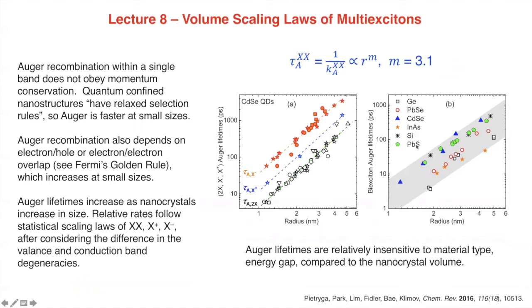Silicon and lead sulfide and cadmium selenide, they basically have the exact same Auger recombination lifetimes, and follow the radius trend. And so it tells you that this Auger recombination stuff is really relatively insensitive to the material type or the band gap of the semiconductor, and it's really all about the volume of the material, which is a pretty cool result.